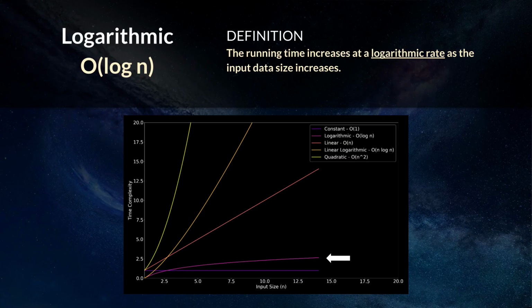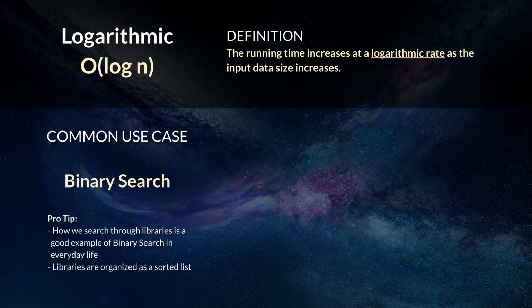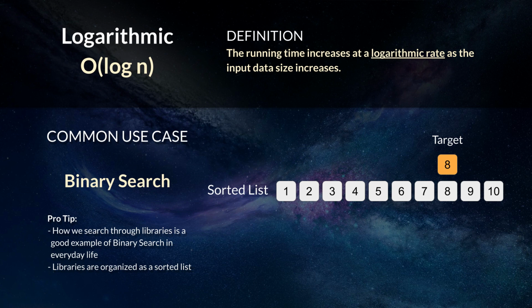Next, we have logarithmic time complexity, represented as O(log n). It means the running time increases logarithmically for an increase in the input data size. A common example of this is binary search, which is a search algorithm that finds the position of a target value within a sorted list.